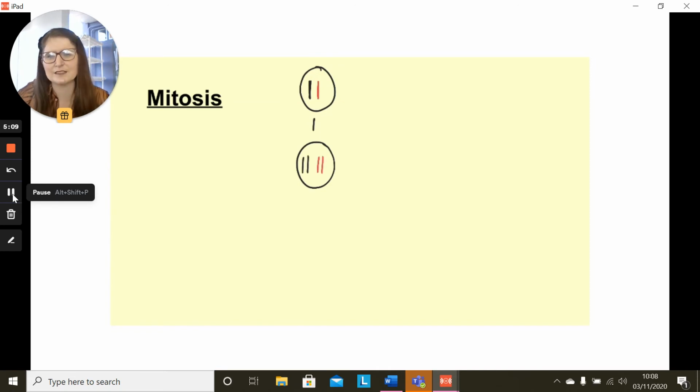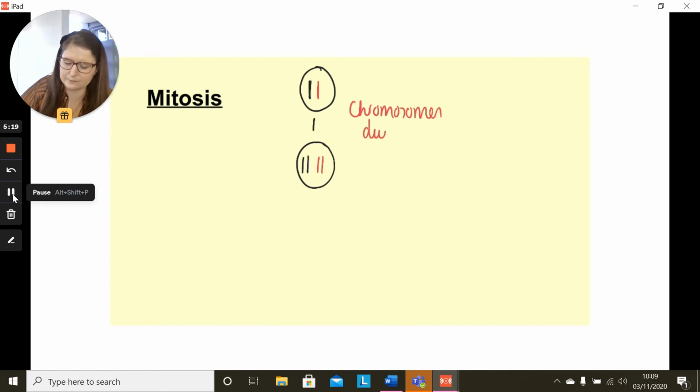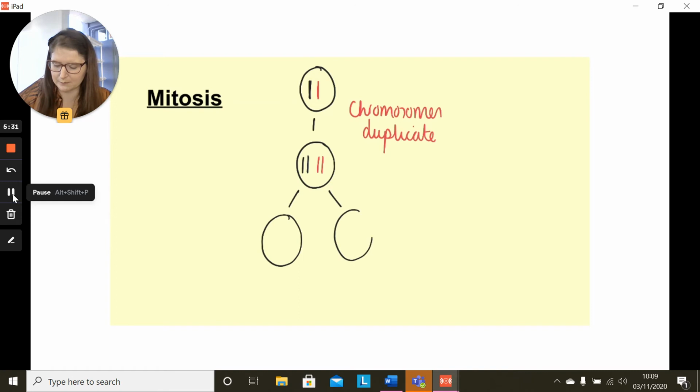And I've colour coordinated it just so we can see clearly. So our chromosomes duplicate. So they duplicate, go 2 to 4, and then what happens then is that the cell splits, and our cell divides to make 2 cells. And what happens then?